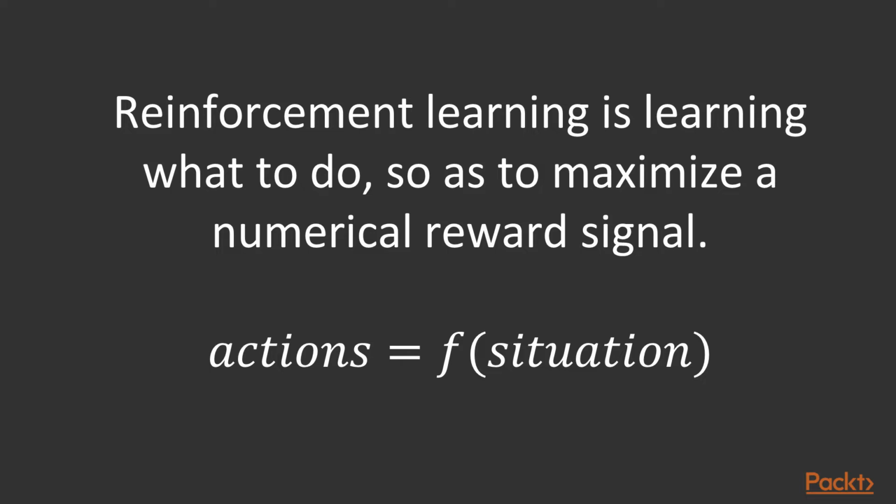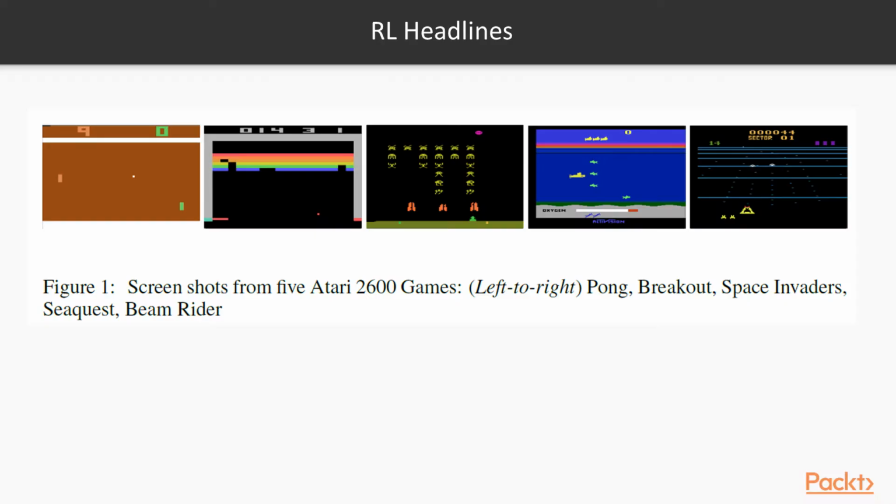So, in this framework, the software agent, as it's called, learns what to do so as to maximize a numerical reward signal. And the actions this agent takes are a function of the situation the agent observes. So this is the difference between machine learning that we have been doing so far and reinforcement learning, which is learning from interaction.